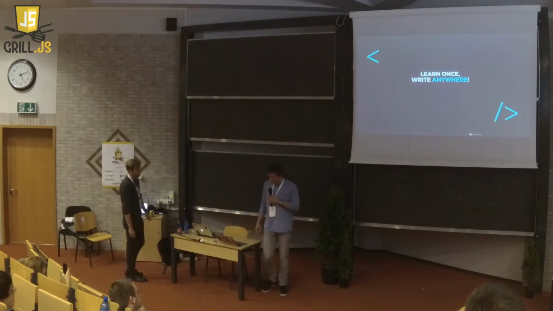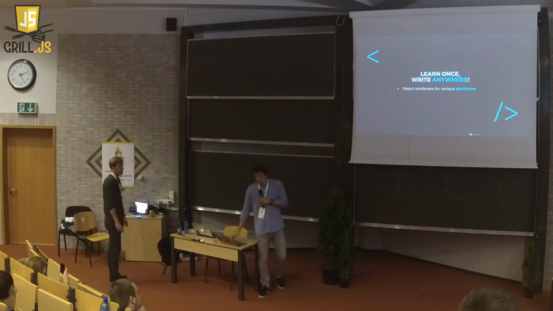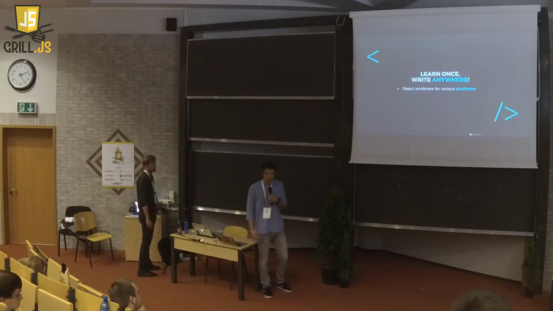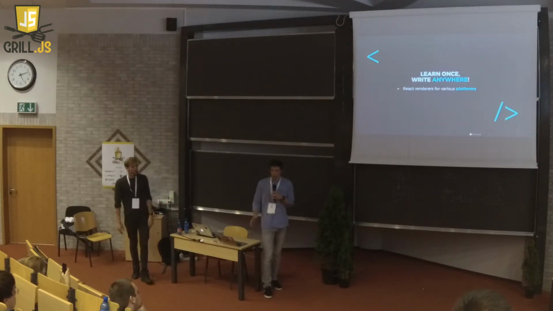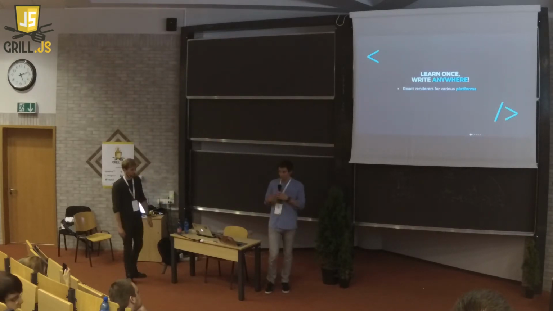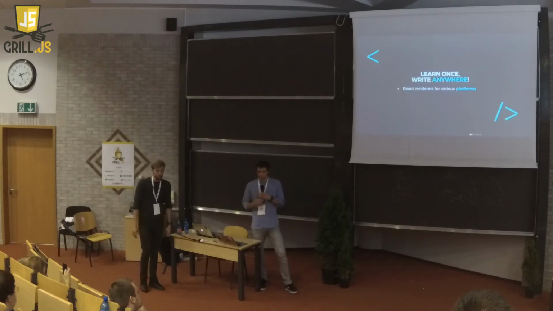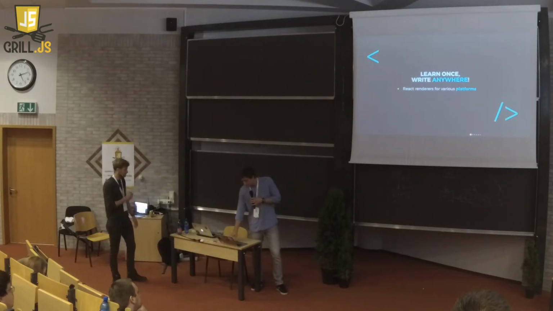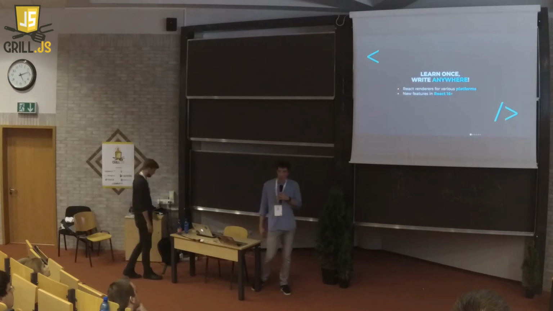And what's important, learn once, write everywhere. So all of the applications will share the same reconciler, but we can create custom renderers. A few of them are already done, like React Hardware, React Native Windows for Windows Phone, React Blast for the console, and also new features in React 16+.